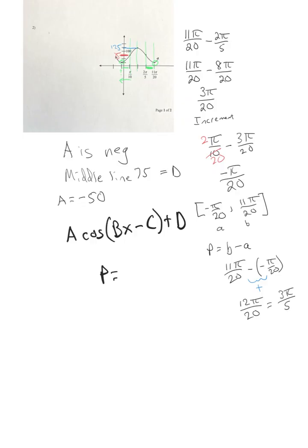P equals 2, I don't know why my pen just got writing so much bigger. Let me try to fix that. Well, anyways, this is fine. The p is 2 pi over b. All right, and we just found that p is 3 pi over 5.